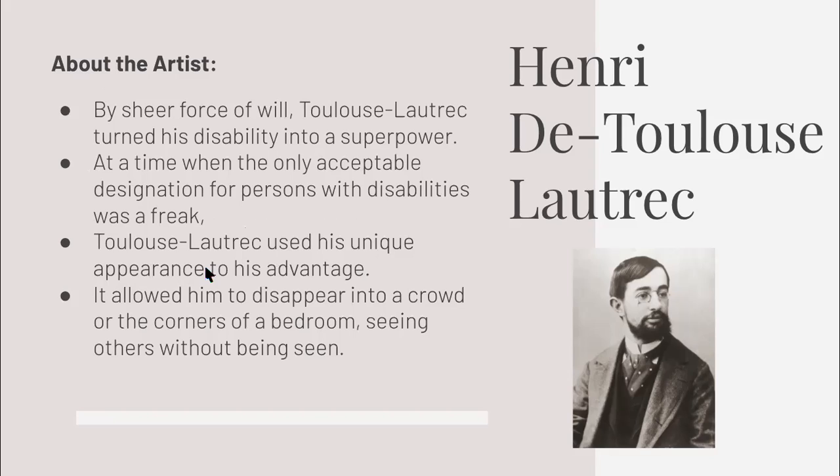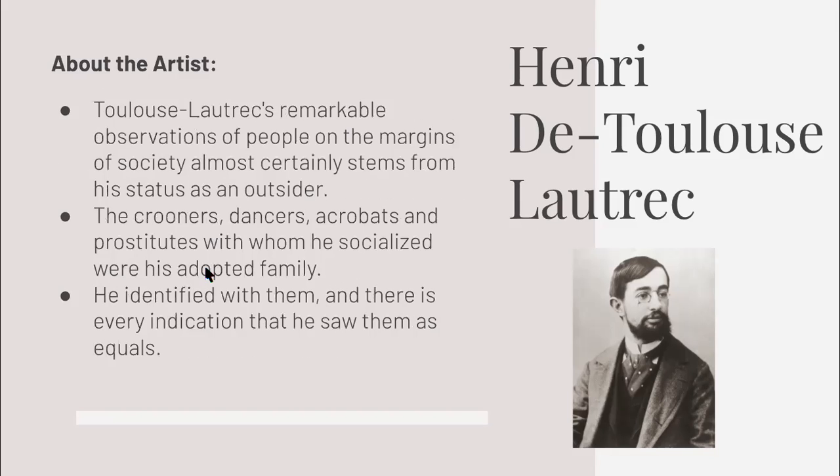Toulouse-Lautrec used his unique appearance to his advantage. It allowed him to disappear into a crowd or the corners of a bedroom, seeing others without being seen. Okay. So, of course, his remarkable observational skills very much helped him when he was creating his pieces of art. He loved to draw crooners, dancers, acrobats.